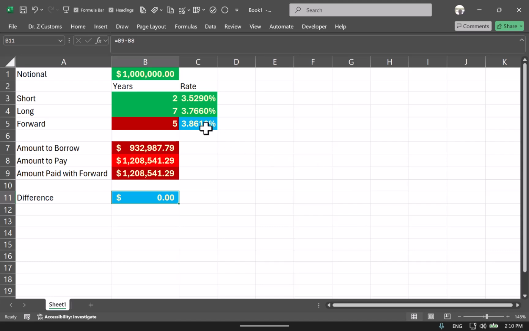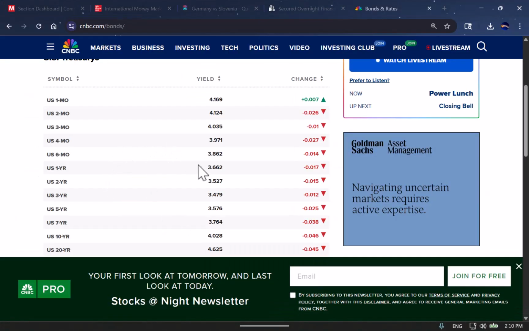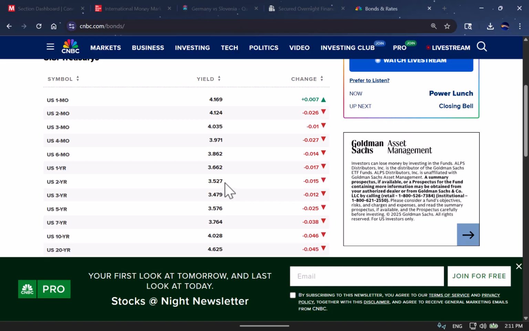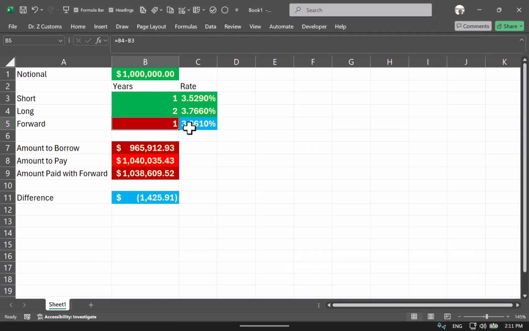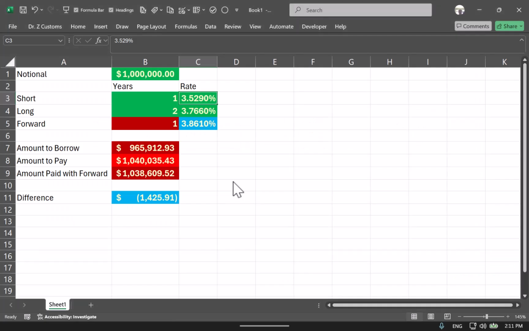As you can see, forward rate is actually higher. If it was reverse, for example, let's look at 1 and 2 years right now. 1 year is 3.66, 2 year is 3.52. Three six six two. 2 year is 3.527.